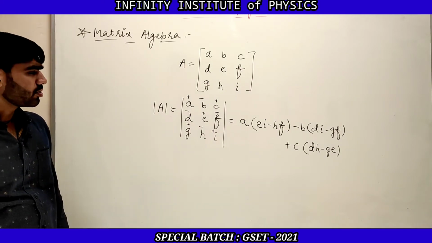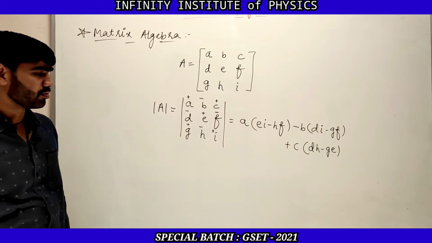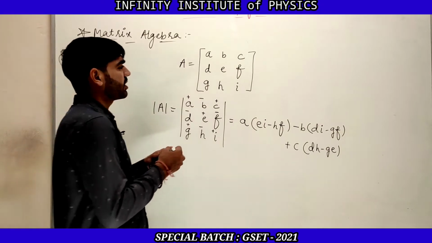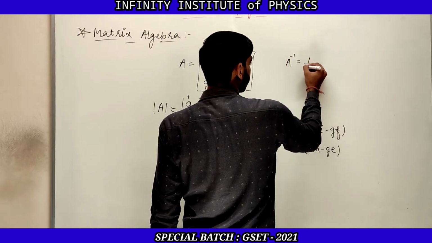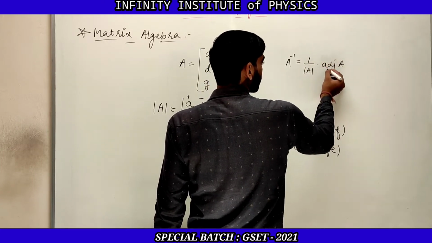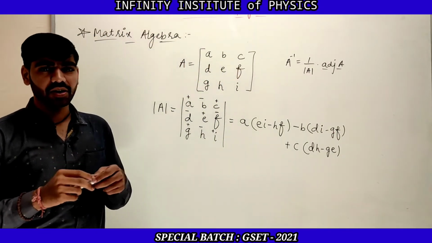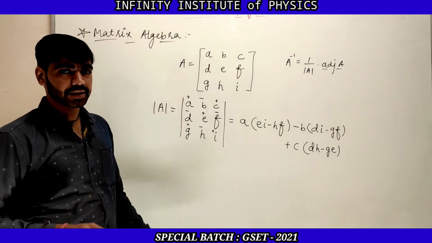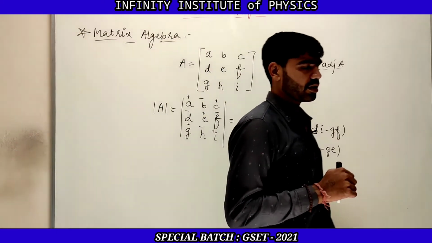Okay, and also we can find the adjoint matrix from this as well, because we know that the inverse of any matrix is given by 1 upon determinant of A into adjoint of A. So adjoint of A means it is the transpose of the minors of that matrix, or cofactors. Instead of minors we are just using the cofactors.